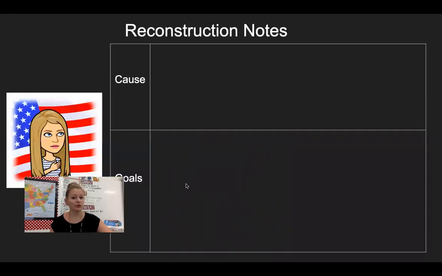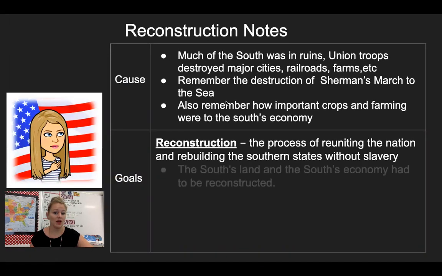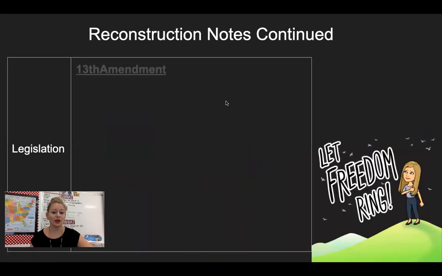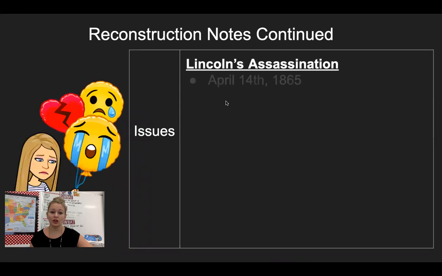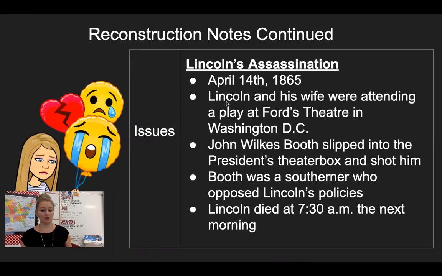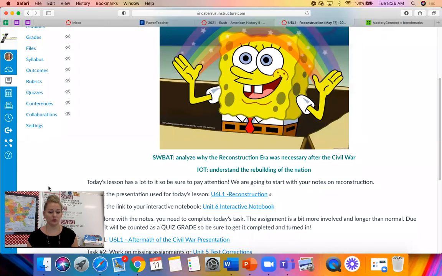I'm not going to lecture these notes at you piece by piece, but you're going to just read this information and then fill it in your interactive notebook. And then whenever you are done with that, you're going to go to your assignment. So let me go ahead and back out of these notes, make sure you fill them in. And then let's scroll down here.